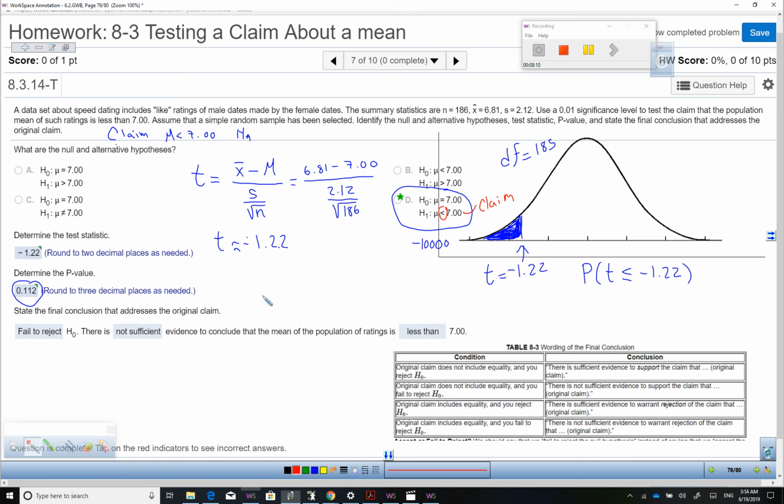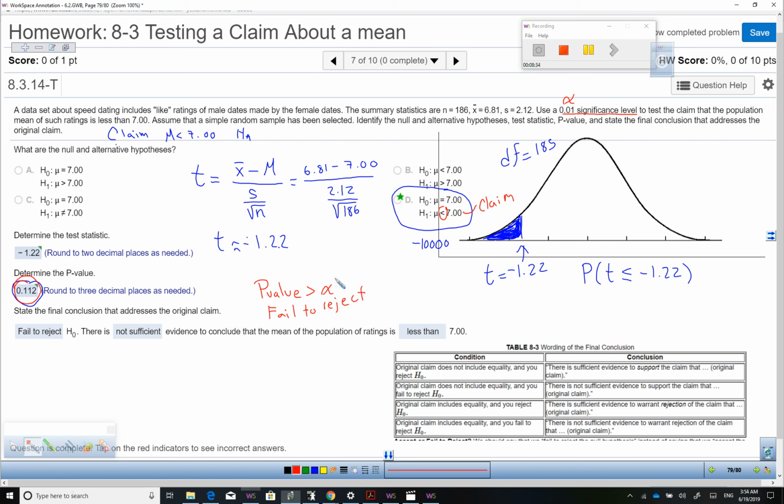Well, I see that my p-value, which is this number, is greater than the significance level, it's greater than alpha. When the p-value is greater than alpha, we fail to reject.